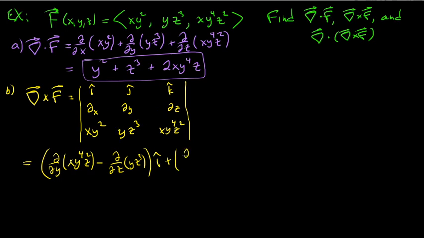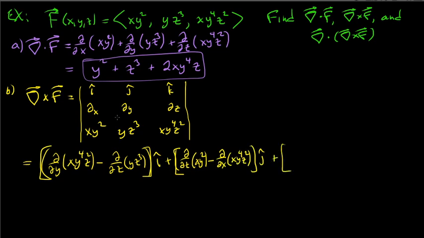So the partial with respect to z, I should use brackets here, of xy squared, well, we know that's 0, minus the x partial of xy to the 4th z squared times j plus, and then this determinant here, so the x partial of yz cubed minus the y partial of xy squared. And that's the k component, right?